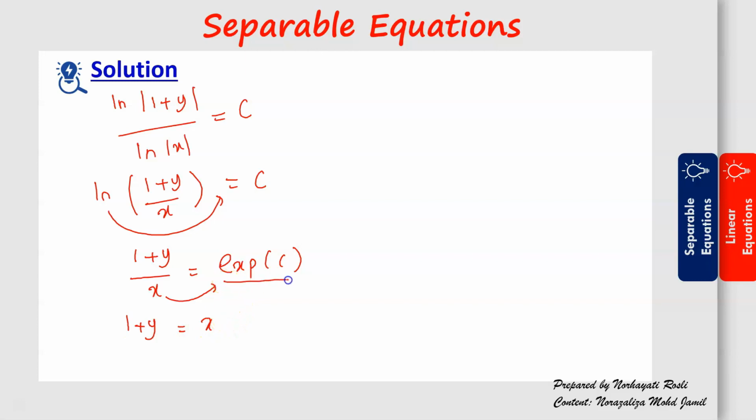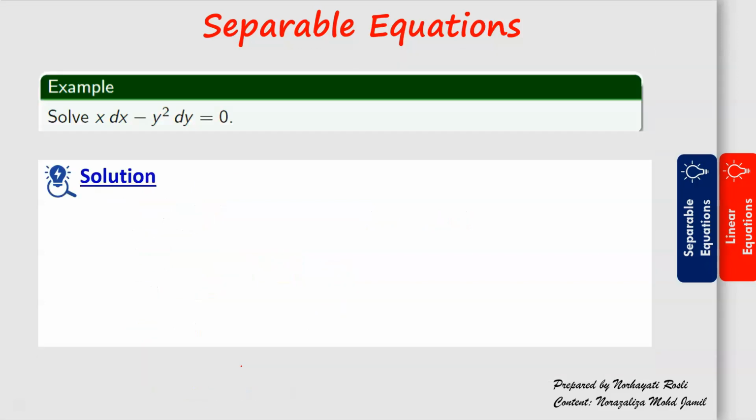Let's say I write the exponential of c as a, because it is just a constant. So I have a times x, and then the 1 moved to this side, I have ax minus 1. So this is our final answer for this solution. Means that for this ordinary differential equation, by using the separable method, y is given by ax minus 1.